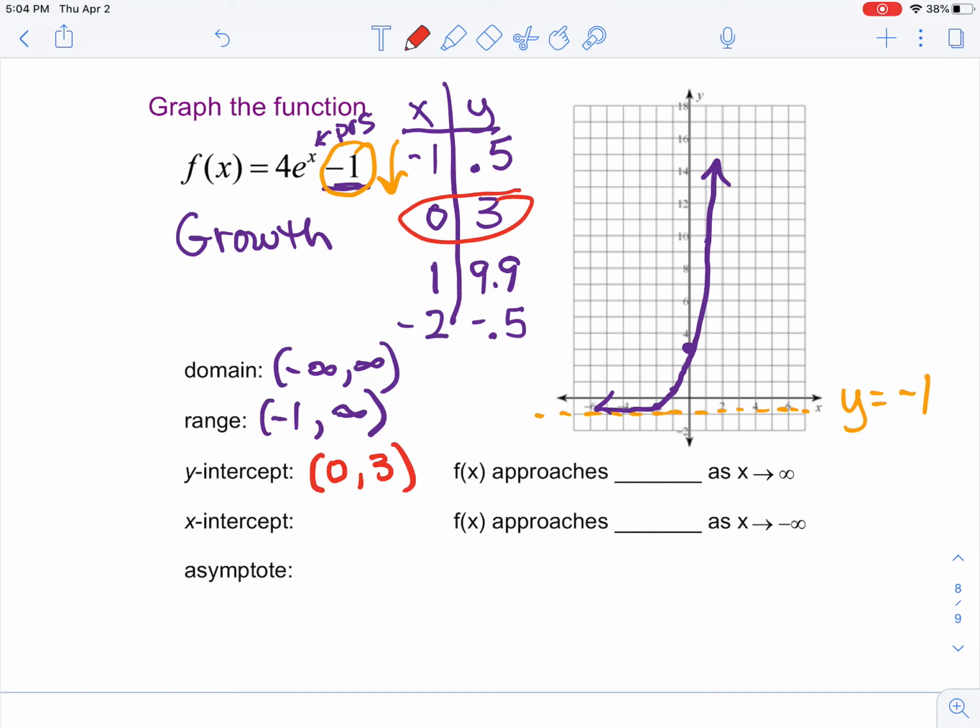So graphing calculator, we have 4 e to the x minus 1. And then for my y2, this is going to be y1. Y2, I'm going to make 0 because I want the intersection.